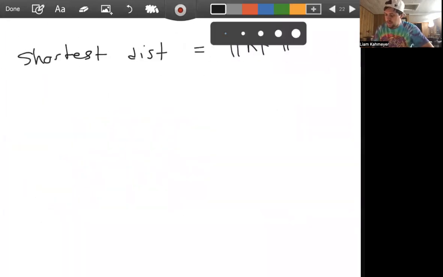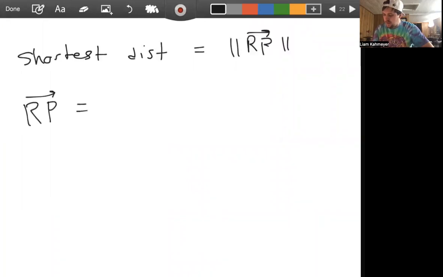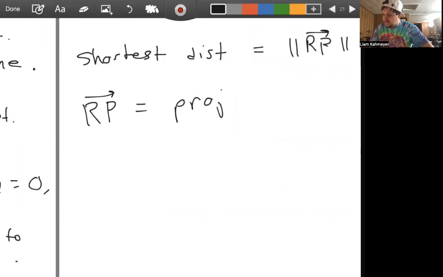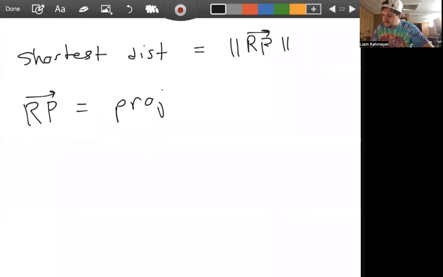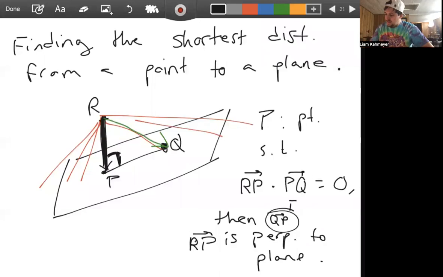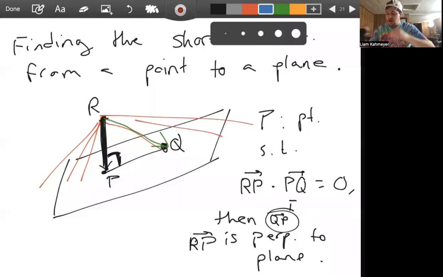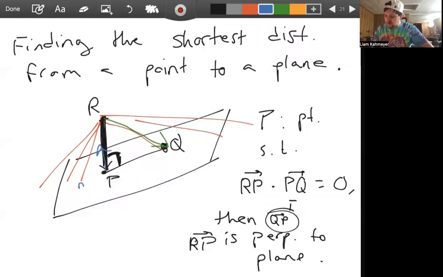So here, RP is going to be the projection of the vector RQ onto some normal vector, right? Because this is a specified distance. There exist many normal vectors, let's say N here. And we need the projection of this RQ onto the normal vector.